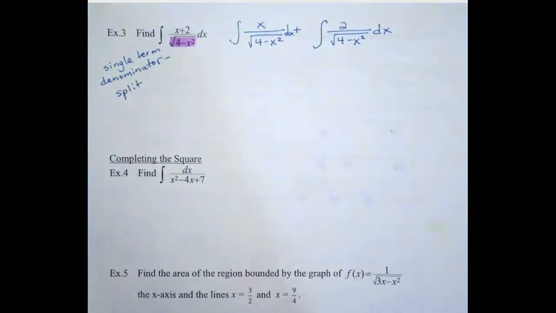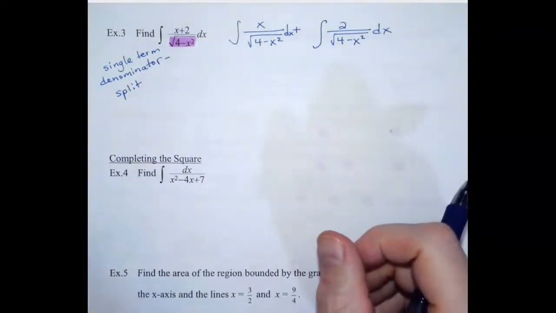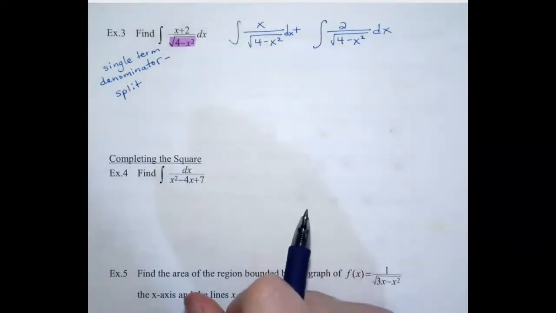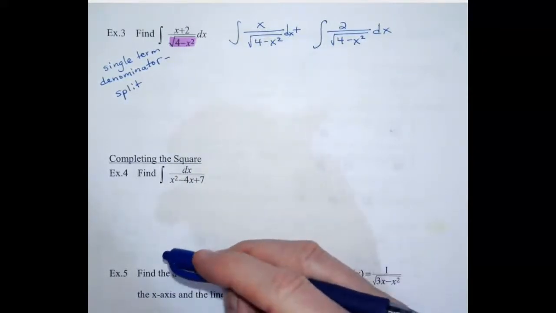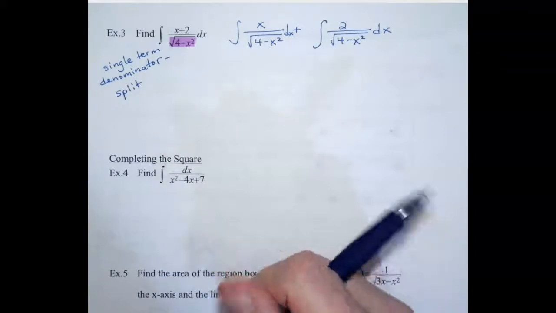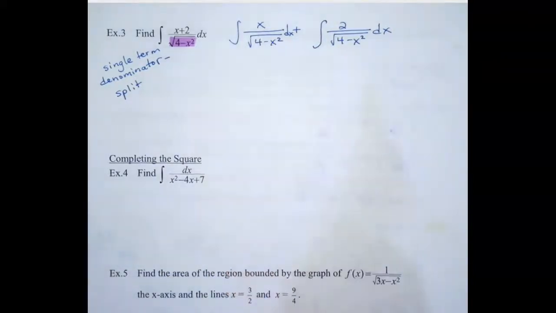Okay. So the question becomes, what are we going to use here? I'll just tell you right now, one of these is an inverse trig function, and one of them we can just use our normal rules on.